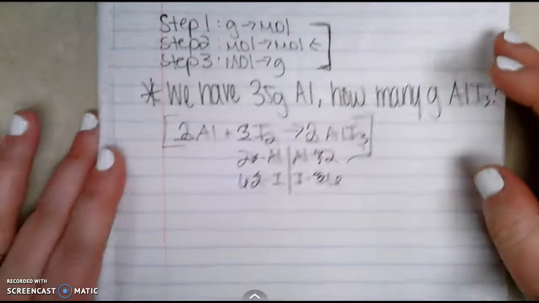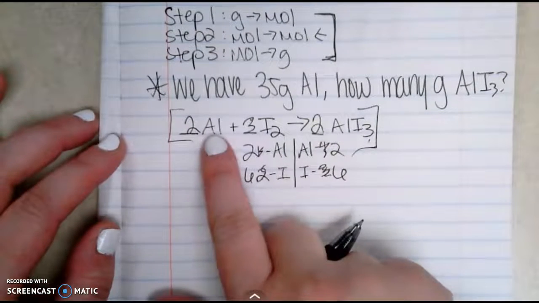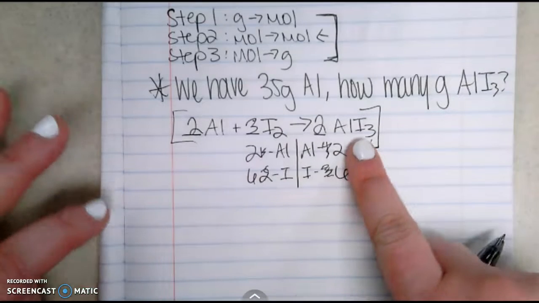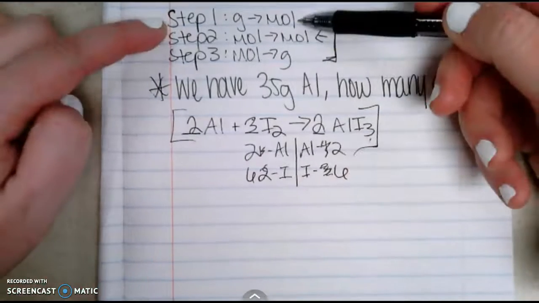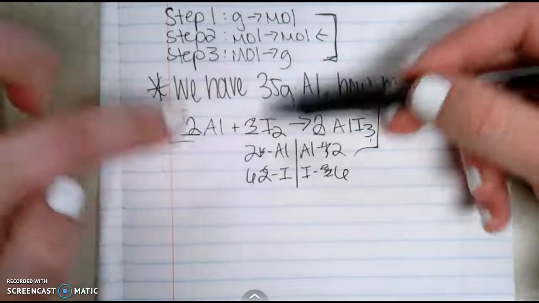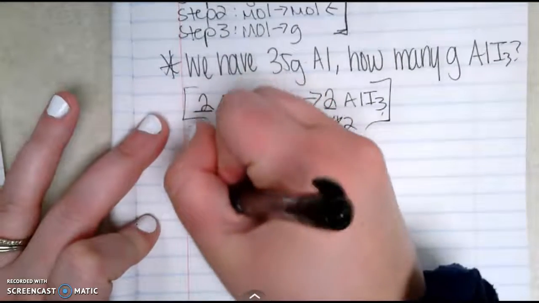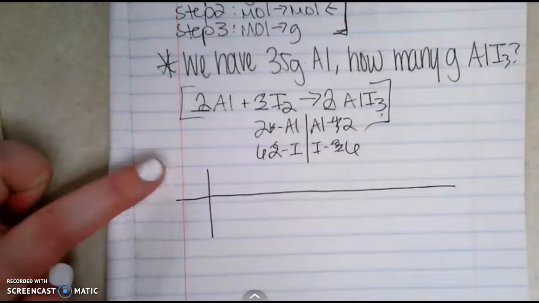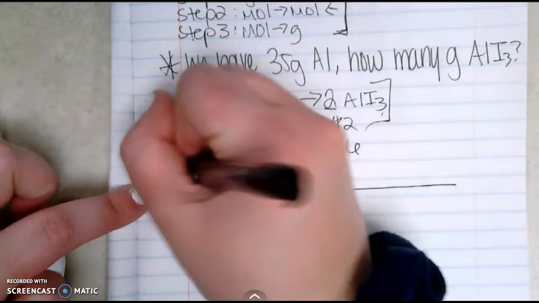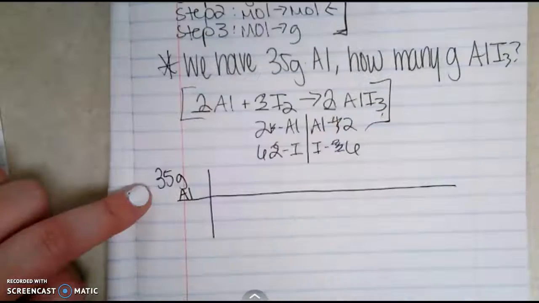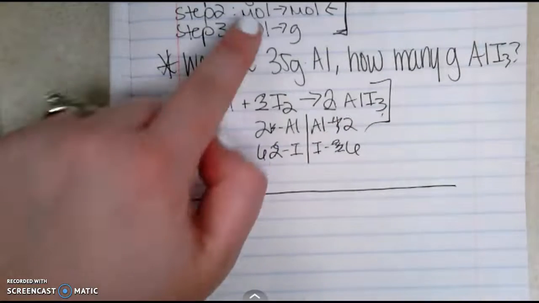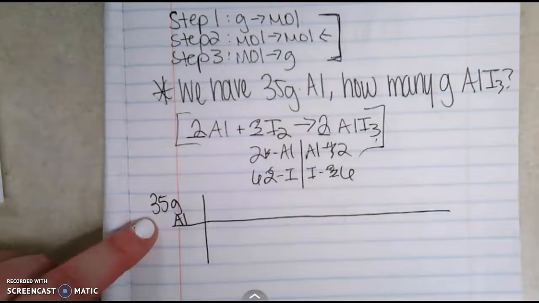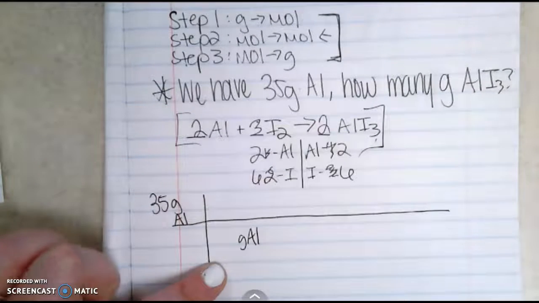In order to figure out how many grams of this aluminum iodine compound I get from grams of aluminum, I first have to go from grams of aluminum to moles of aluminum. I'm going to draw my T-chart, and this is going to be a long T-chart. I start up here with the thing that I know: from my problem, I have 35 grams of aluminum. Now I need to go to moles of aluminum, so I have to have grams of aluminum down here.